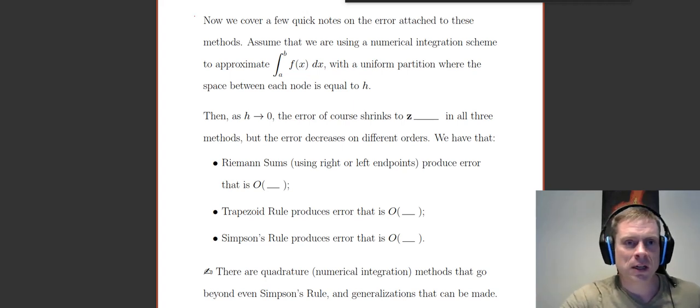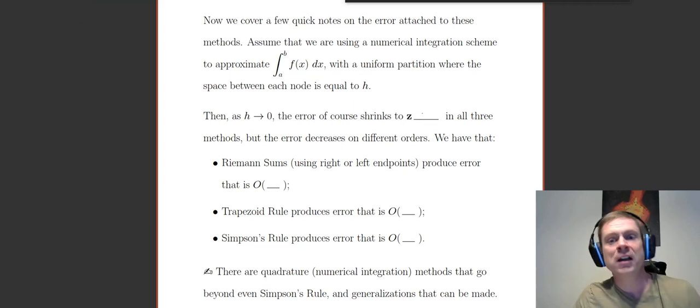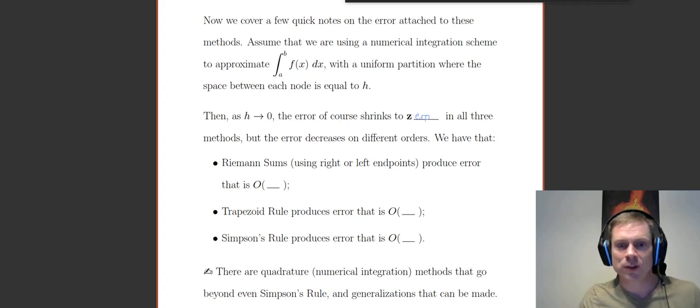So just to reiterate, I know that's been something we've talked about a few times through the semester, but I always want to make sure that everybody has that understanding of what's really going on here. So the error shrinks to 0 in all 3 methods as h goes to 0, but it decreases on different orders. If you do the math, you can figure this out, actually relating to some of the error bounds that we found before.